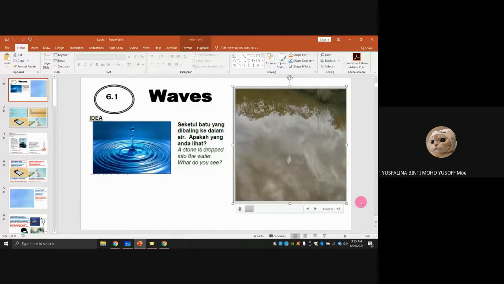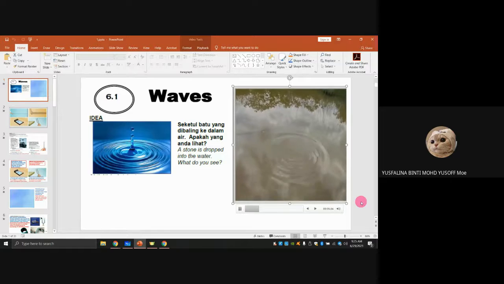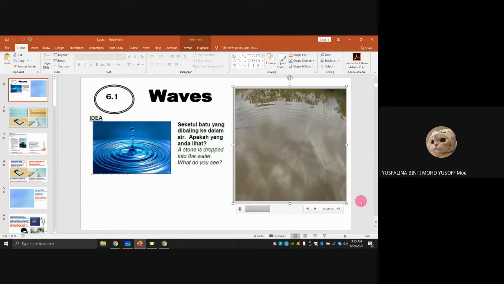So you can see the girl drop the stone into the water. So what can you see here when a stone is dropped into the water? So what can you see from the water? A wave, right?